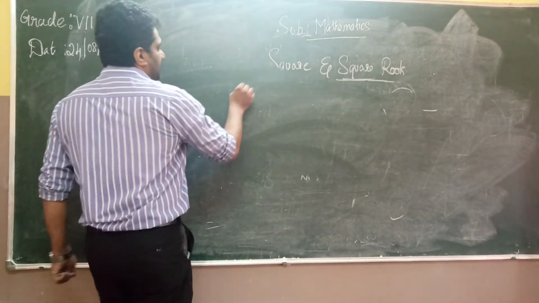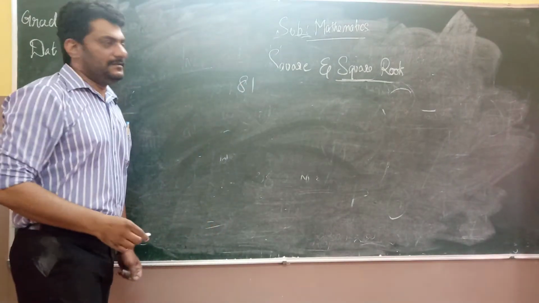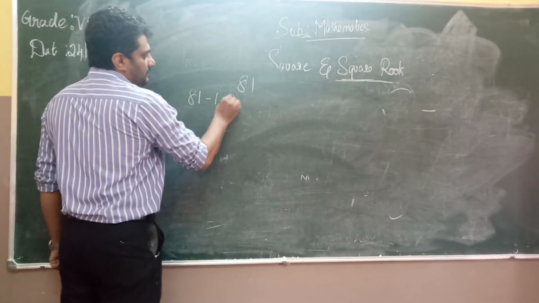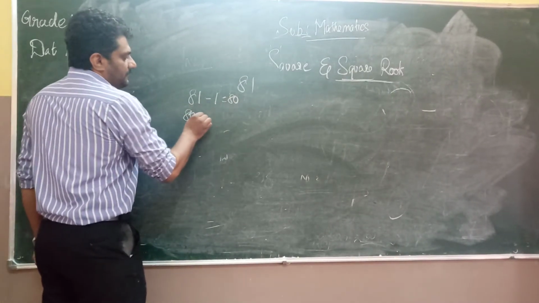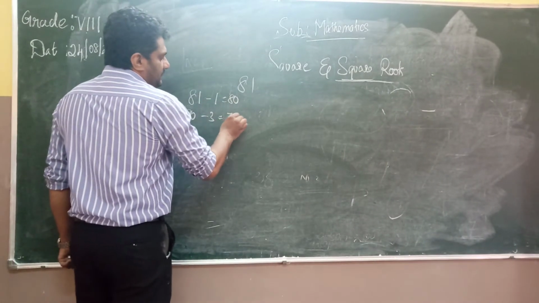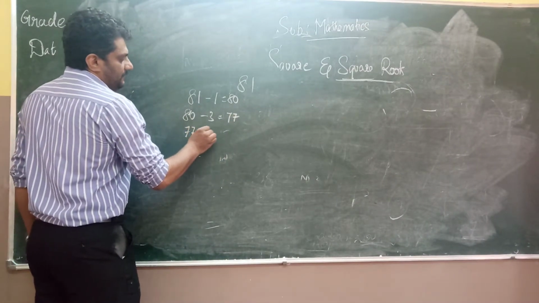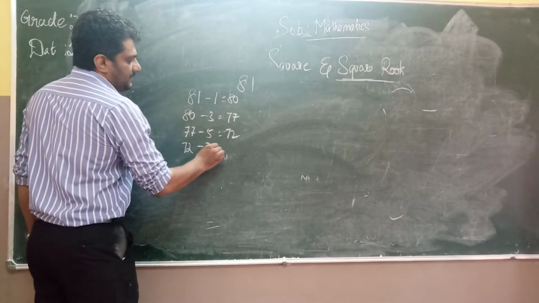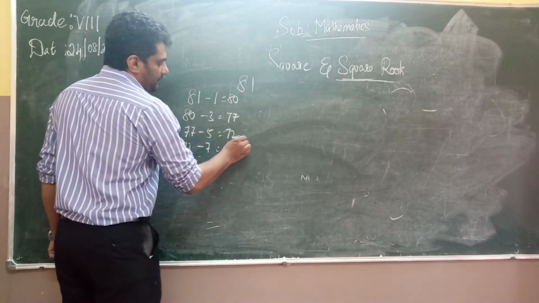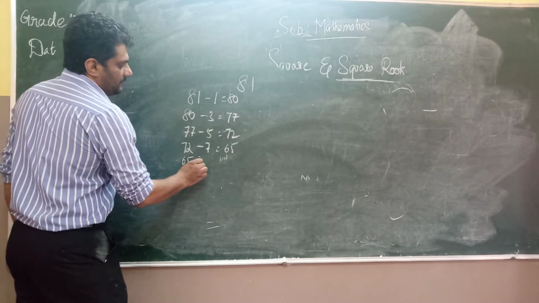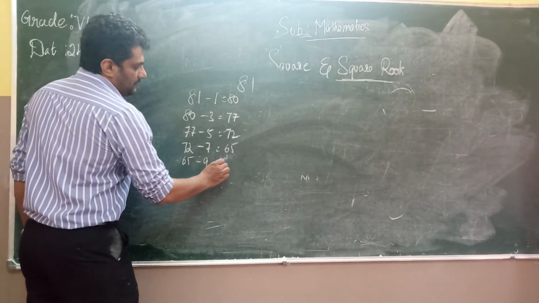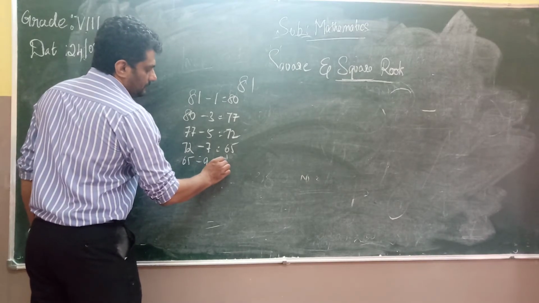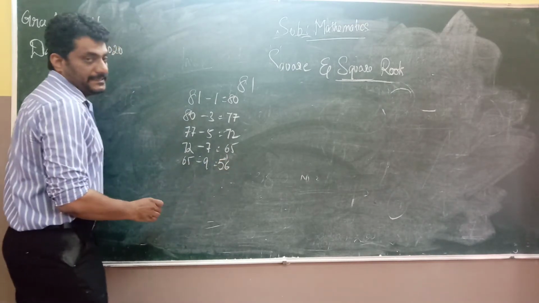Now if I take 81, how do we start? 81 minus 1 is equal to 80. 80 minus 3 is 77. 77 minus 5 is 72. 72 minus 7 is 65. 65 minus 9 is 56. Correct?